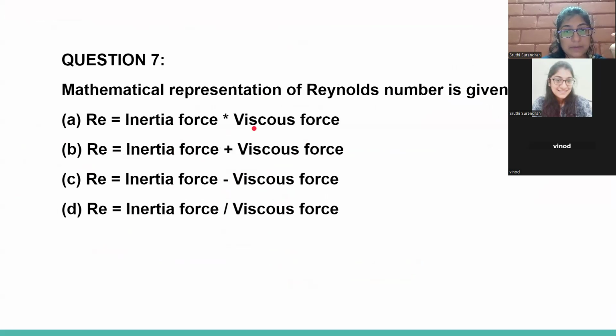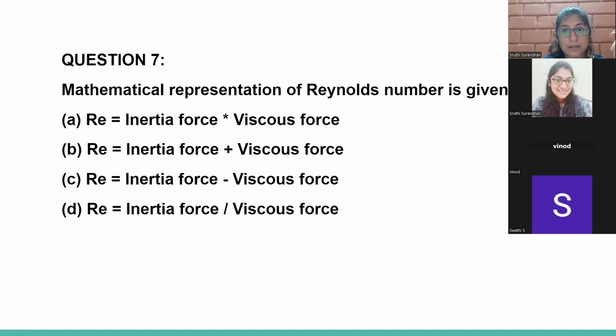What is the mathematical representation of Reynolds number given as?